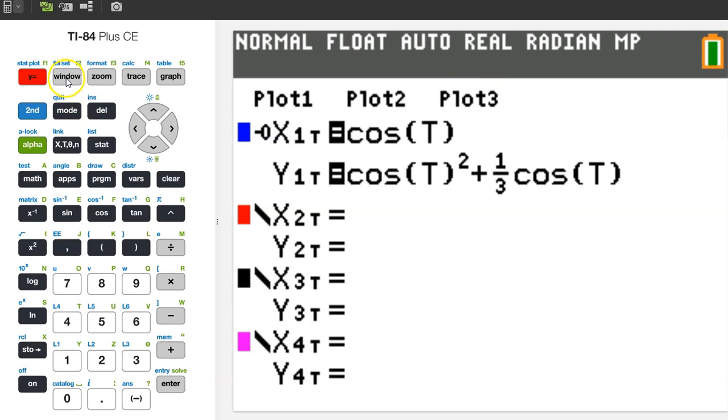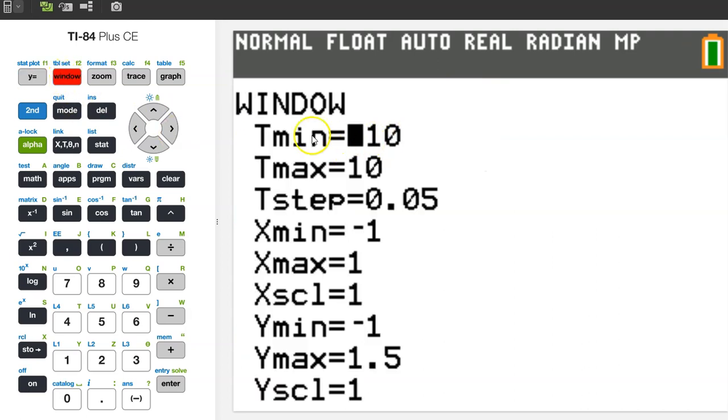Let's adjust the window. So Tmin and Tmax will still be from -10 to +10. Remember that the x value was simply cosine of t. Cosine oscillates between -1 and +1. So that's my x min and my x max. The lowest y value that we saw was 0.7 and the highest y value was 1.3.